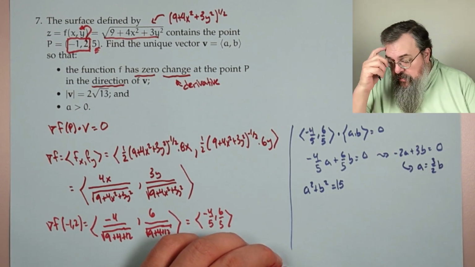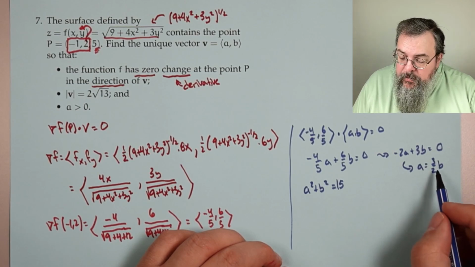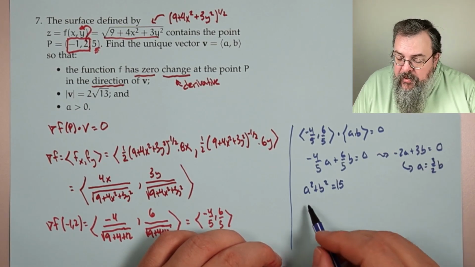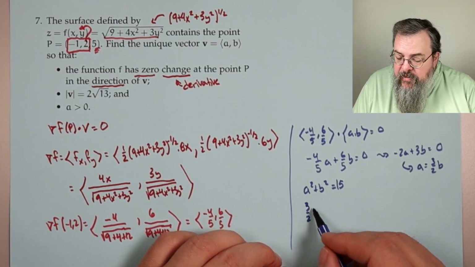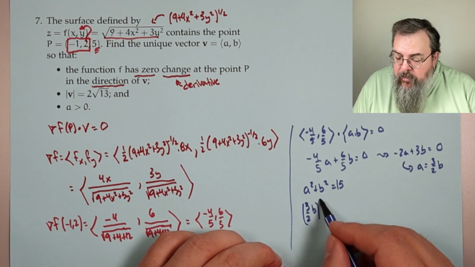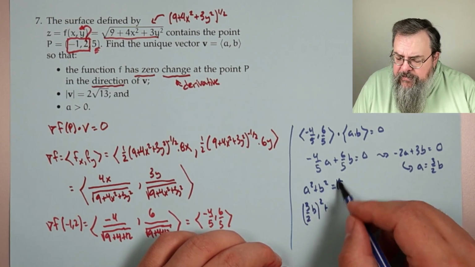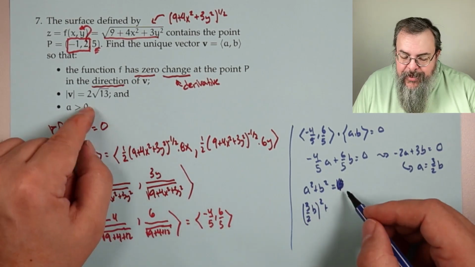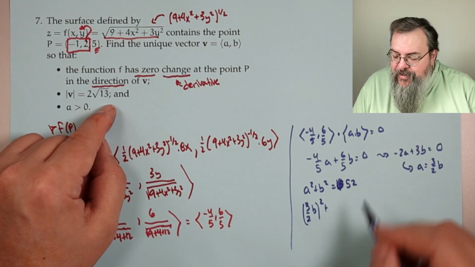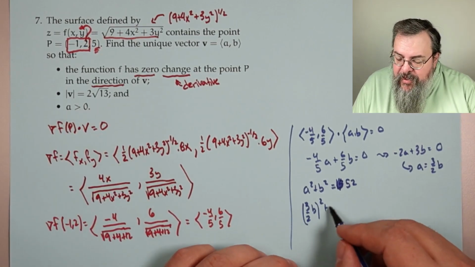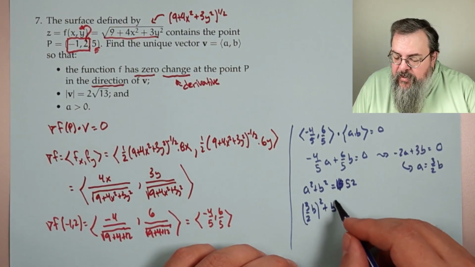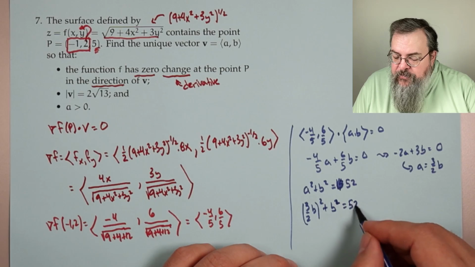And so we can plug in. We get 3/2 b squared. Why did I write 15 here? 4 times 13 is 52. I am so sorry about that. 3/2 b squared plus b squared equals 52.